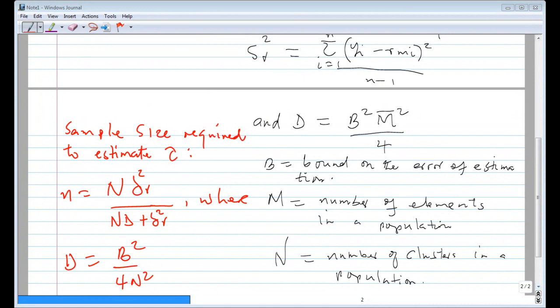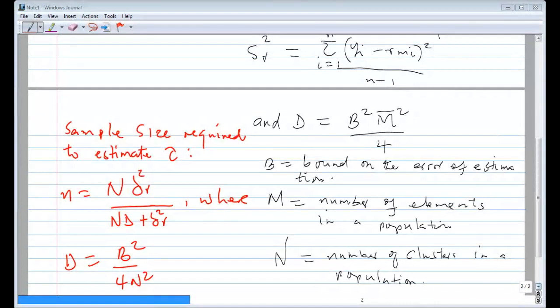Okay, so now we are done with our theory. Let's quickly go to the example on how we can apply those two formulas, the formulas for selecting the sample size required to estimate the population mean and the population total. So for those who have the lecture notes, please open on page 60.